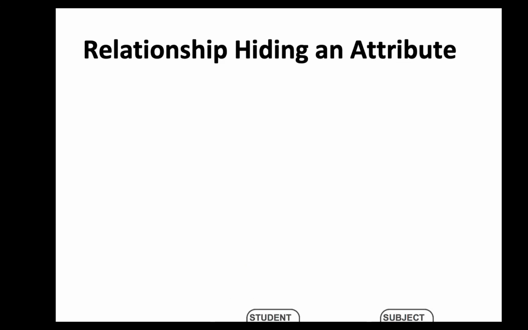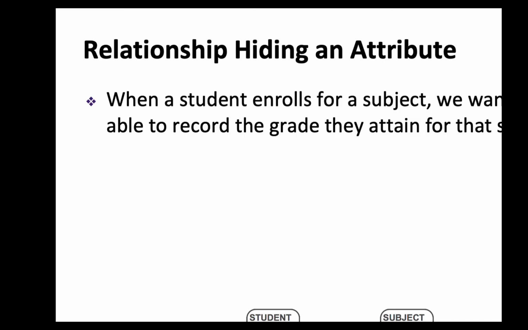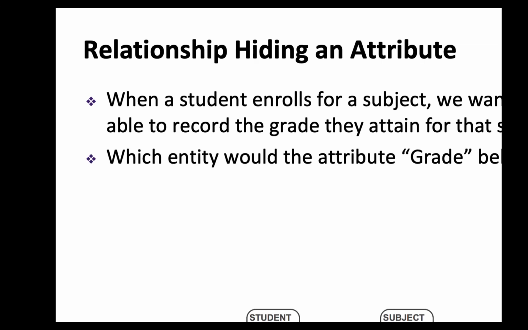So, relationship hiding an attribute. When a student enrolls for a subject, we want to be able to record the grade they attain for that subject. Which entity would the attribute grade belong to? Student?